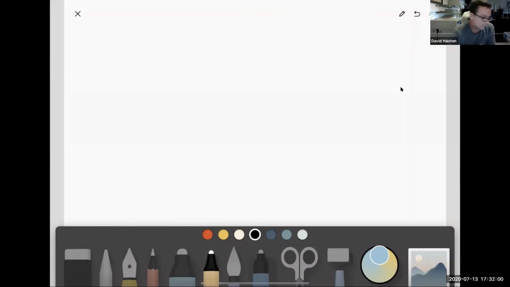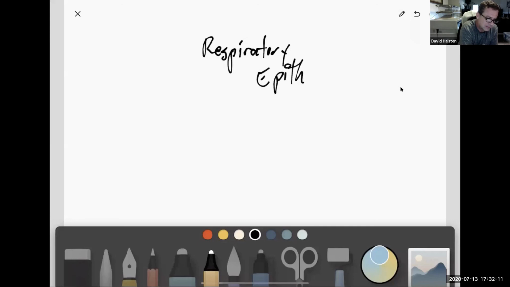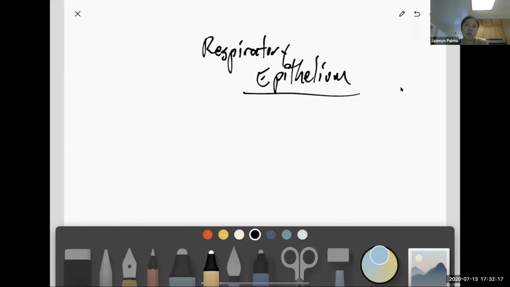First of all, can anyone tell me what kind of epithelial tissue you would find in your alveoli? Squamous. What kind of squamous? Simple. Yeah. Simple squamous.